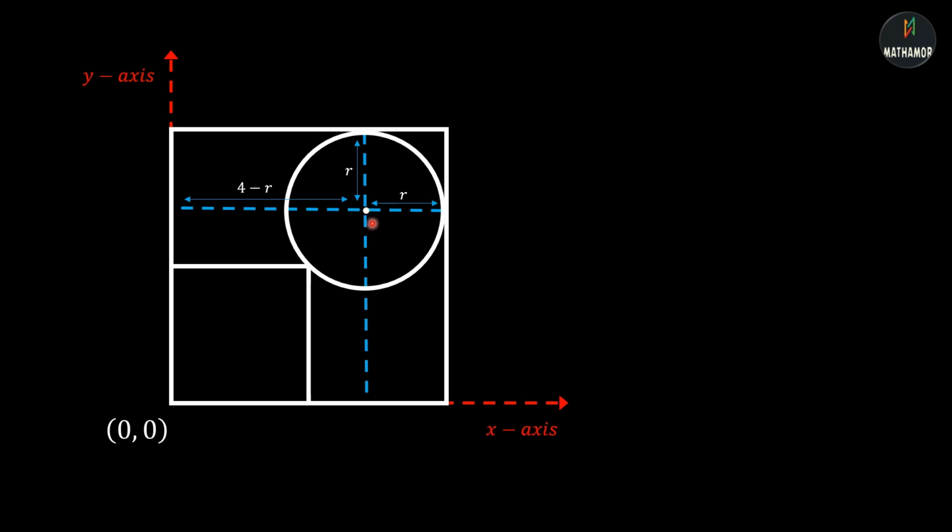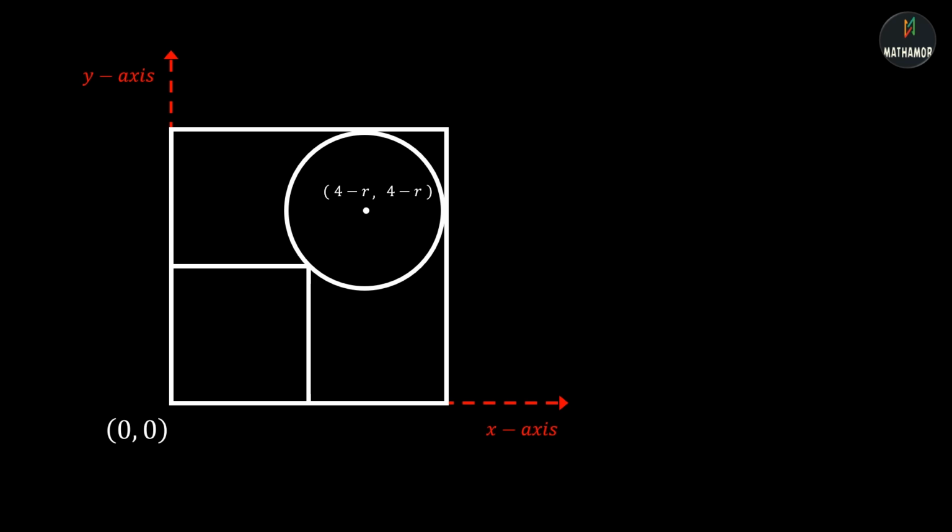Similarly we can find the distance of this point from the x-axis, and that will be 4 minus r. Now we get the coordinates of the center of the circle. So the coordinates are (4 minus r, 4 minus r).